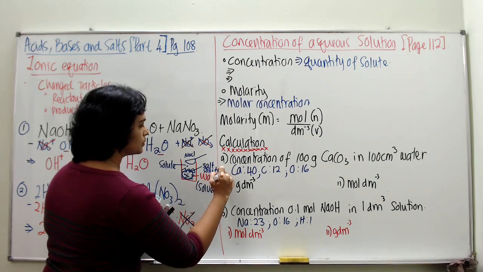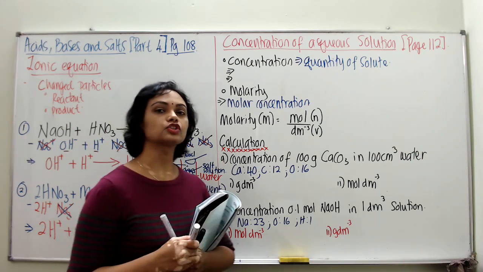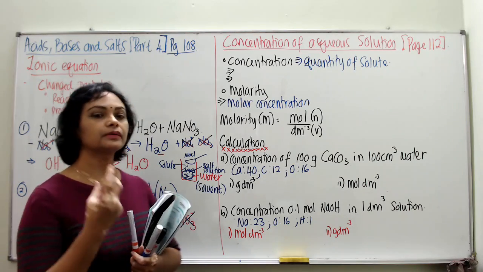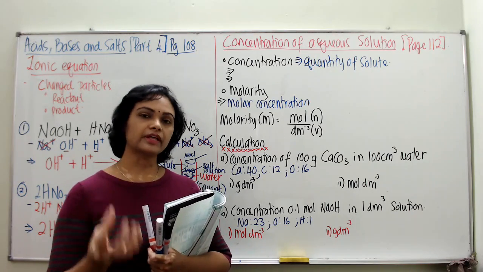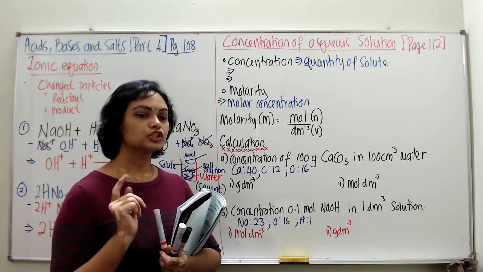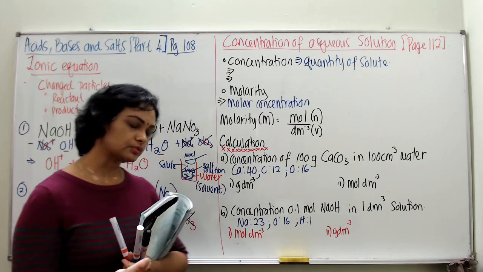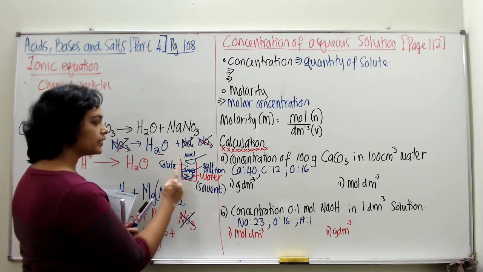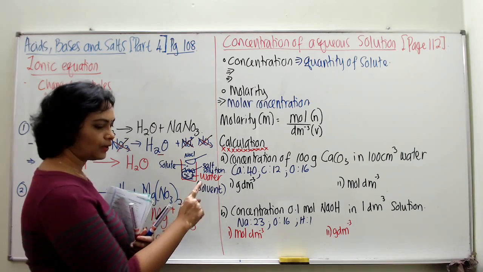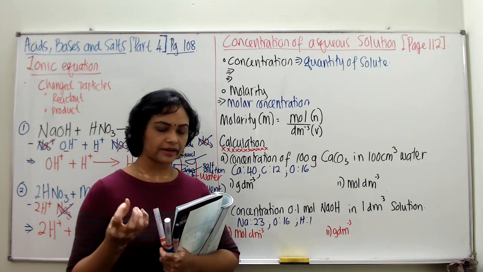Okay, so water is the solvent, bahan yang melarutkan. Solute is the substance that is supposed to be dissolving in the water. Solution is what you get in the end after you dissolve your solute in the water, the solvent. So the final result is actually the solution.